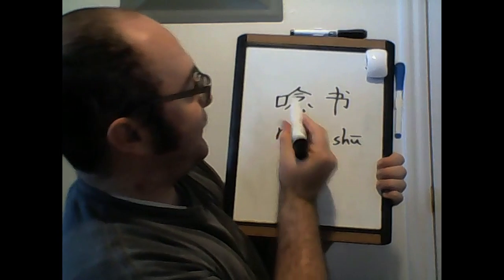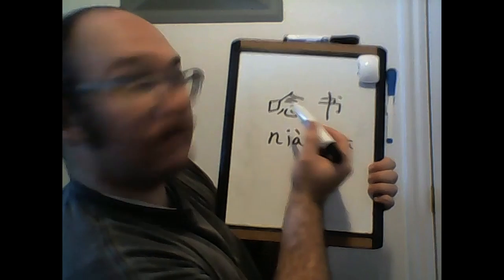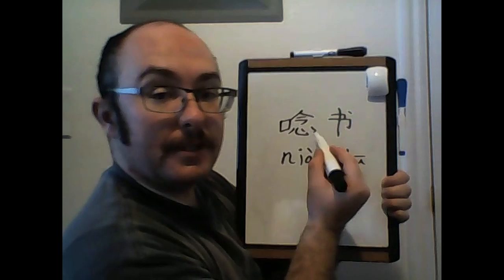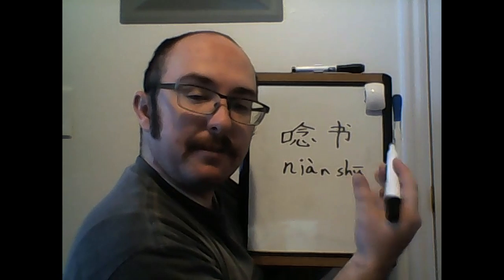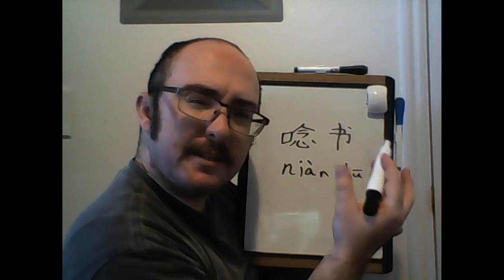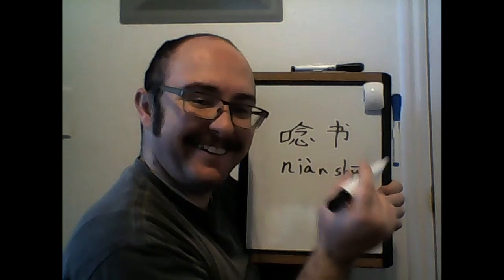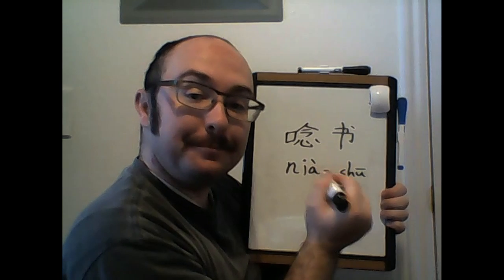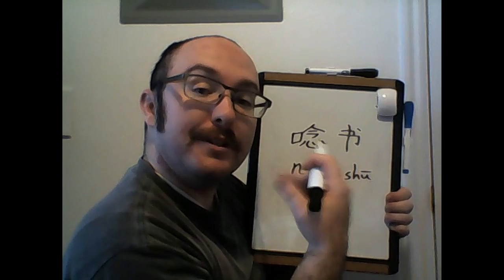Now, this nian, the simplified, they just don't have that box. So it's just this other bit here. It's kind of one of those cases where the simplified, it was like, was it really necessary to simplify? But you just got to deal. Yeah, 念书. To 念 is to read out loud or to study for a test.